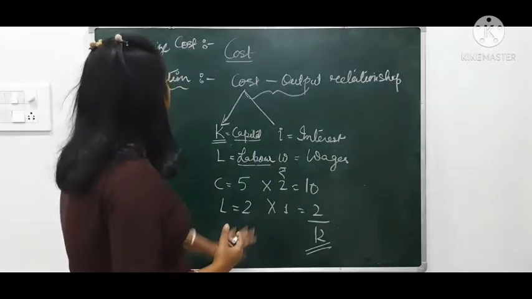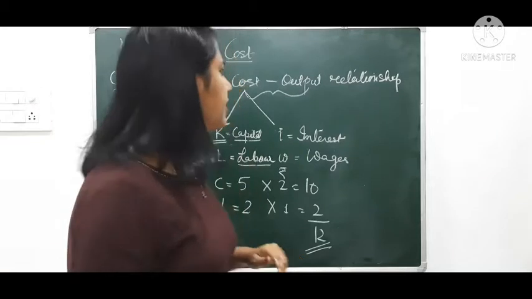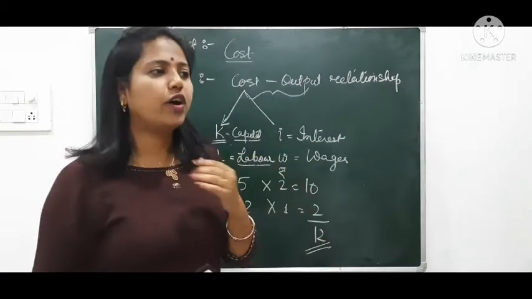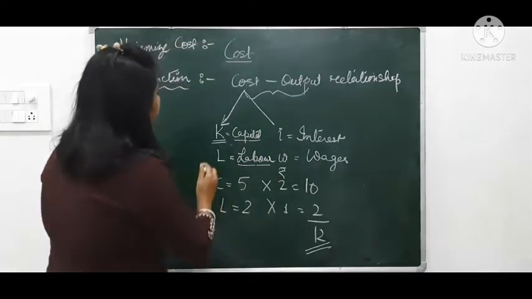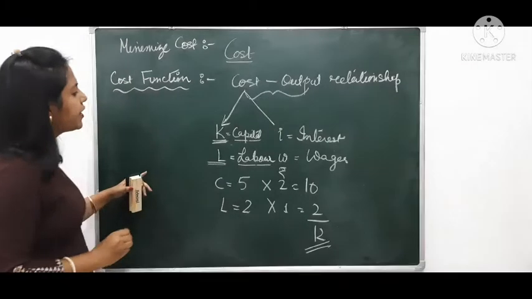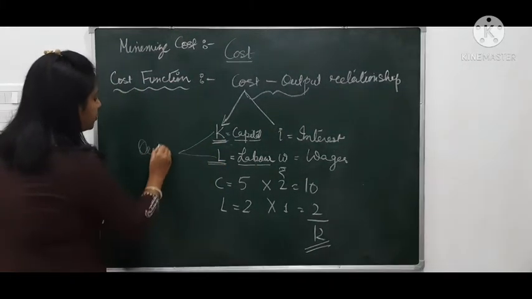Now we have understood this. One question arises: as a manufacturer, as a producer, I want to use some capital and some labor, and with capital and labor I am going to produce some output.